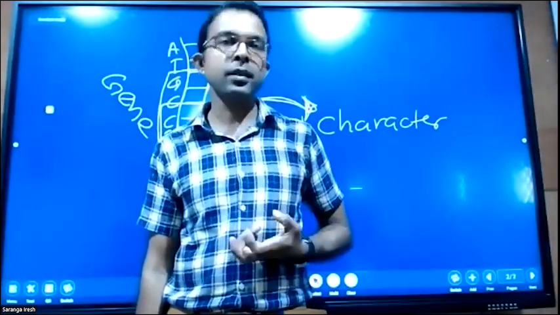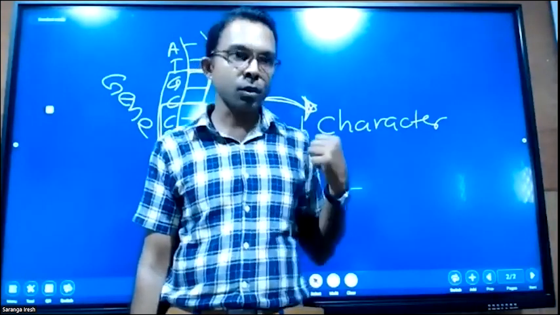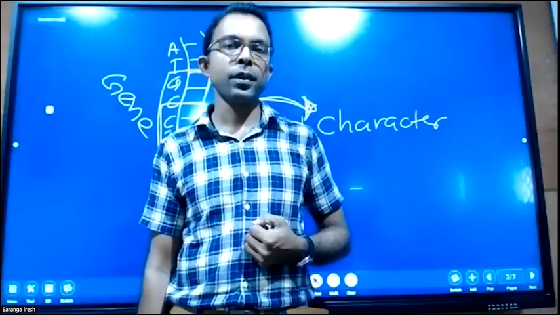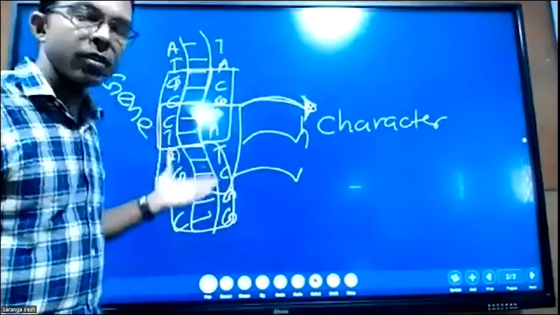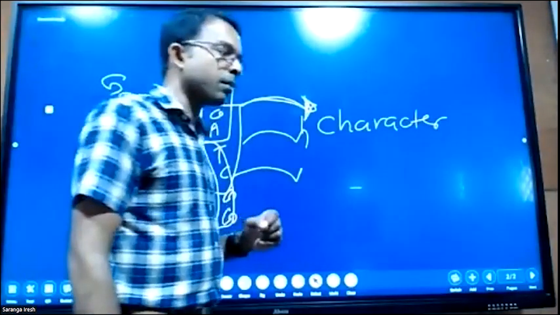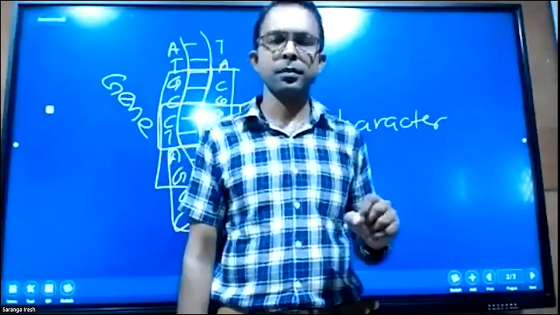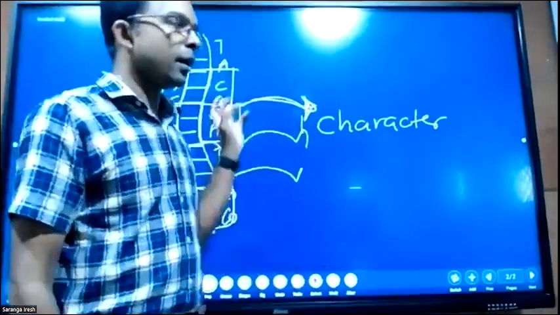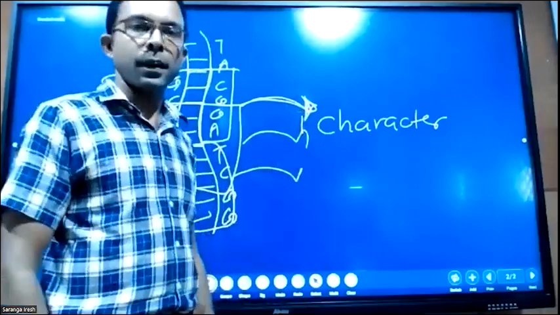Why? The information for our characteristics is stored in the DNA molecule as specific base sequences. Now, how does this base sequence determine our character? There should be a method for that.